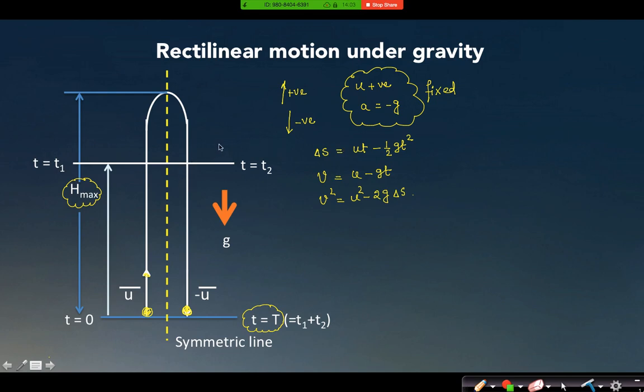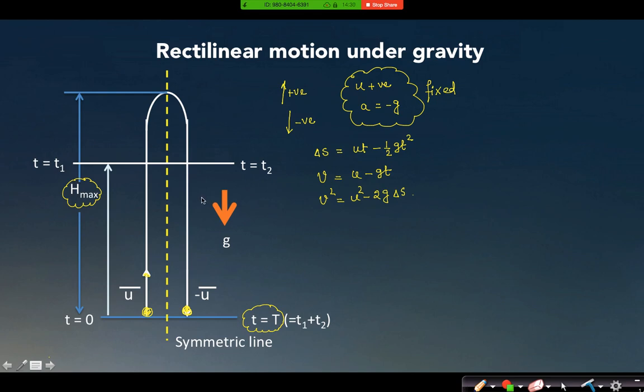There is a very common misconception, a very common mistake by students, that they take g negative in the upward motion and g positive in the downward motion, right? You do not make that mistake. g is a constant, so you cannot change the direction of a constant vector.